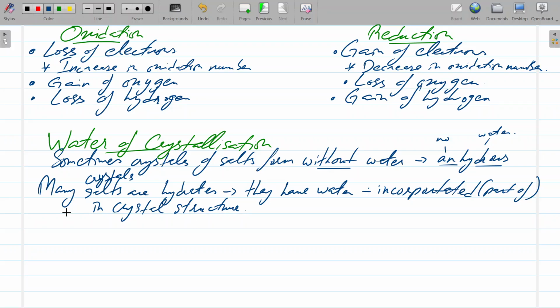This water that's part of the crystals of salts is called the water of crystallization. Crystallization. And because it is part of the structure of the crystal, the shape of the crystal, right, and the color as well depends on the presence of water.